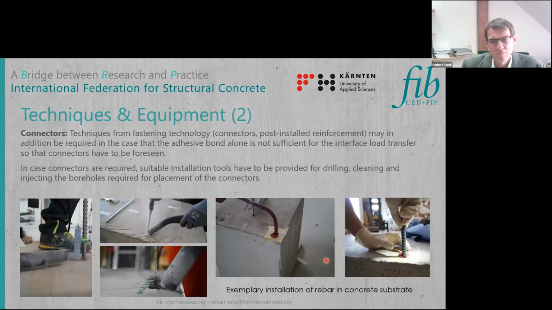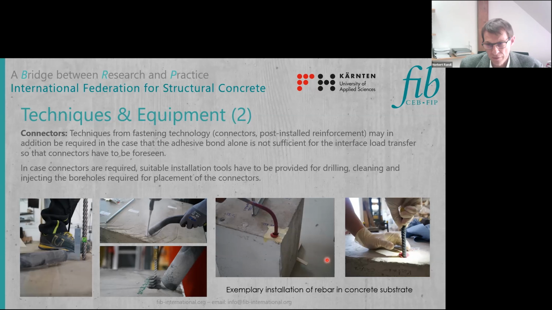Another special technique and equipment might be required when connectors have to be foreseen. Usually in practice, we go for good bond. That is very clear. But in various situations, you might be required to use connectors.